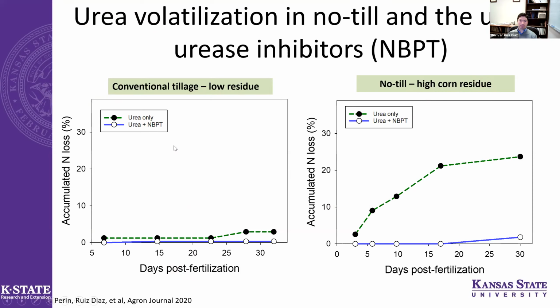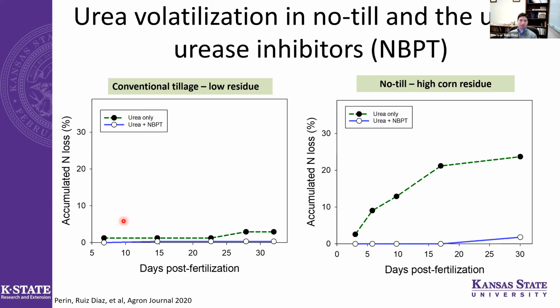One of the most common NBPT products is Agrotain, but there are many products with NBPT, trying to delay the process of urea hydrolysis. So we're trying to minimize that volatilization loss.